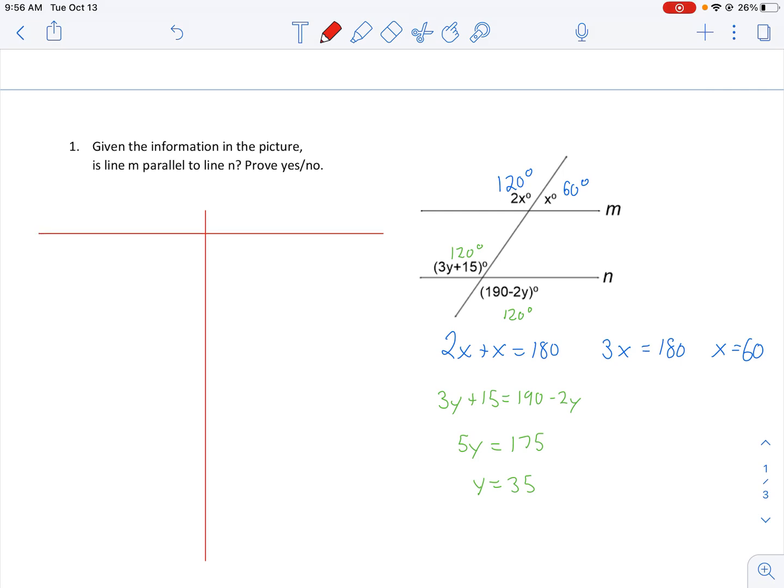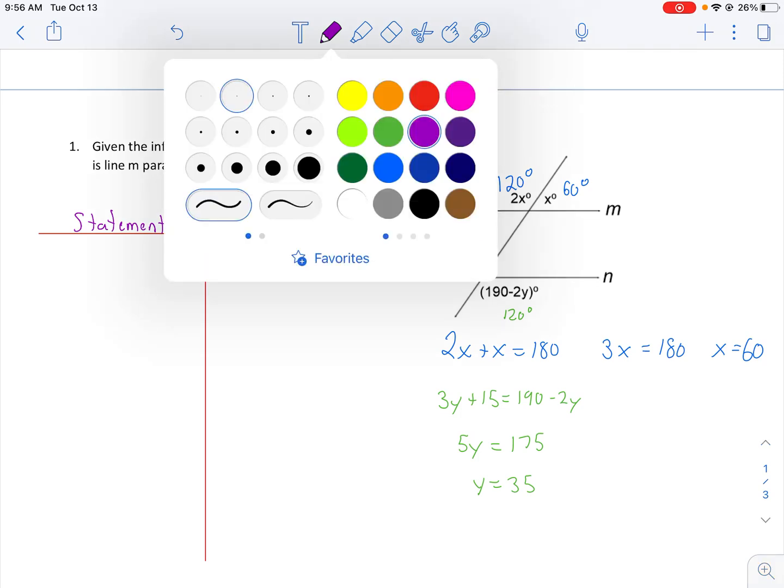Okay, so we have statements and reasons. So we probably should say given the picture, or something along those lines.